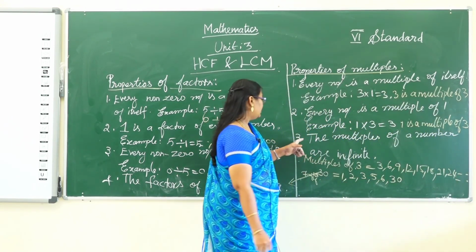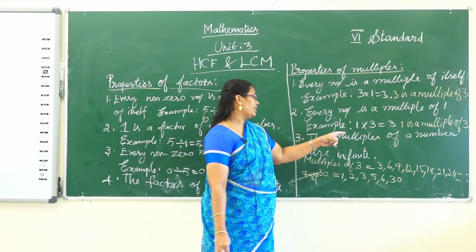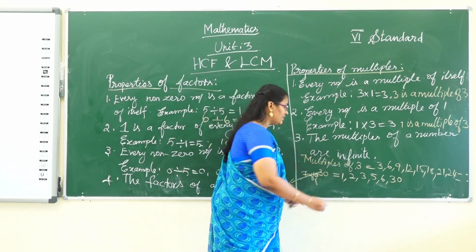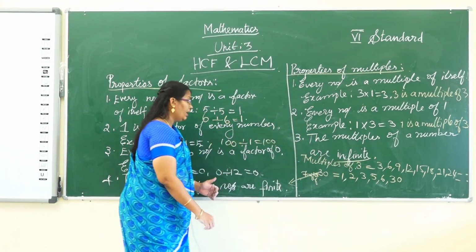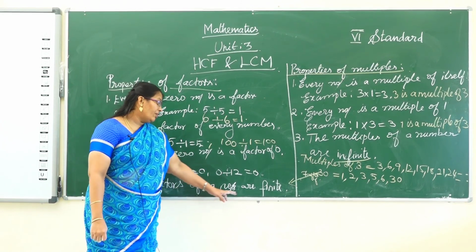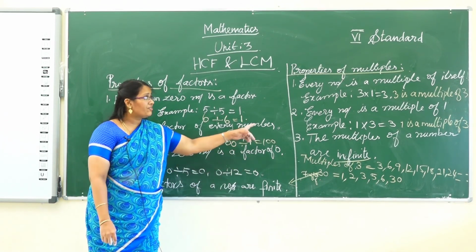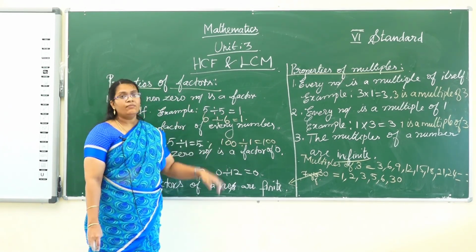That is the property: the multiples of a number are infinite, but the factors of a number are finite. That is the difference between factors and multiples.